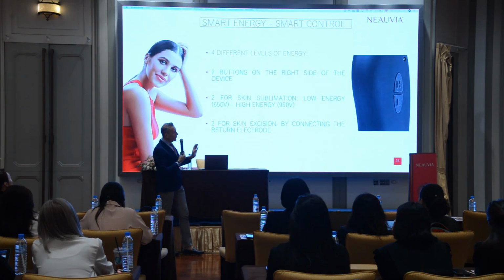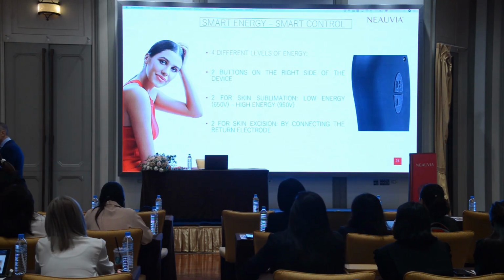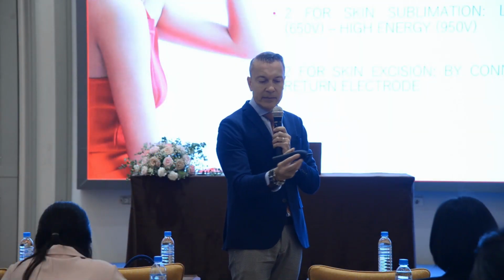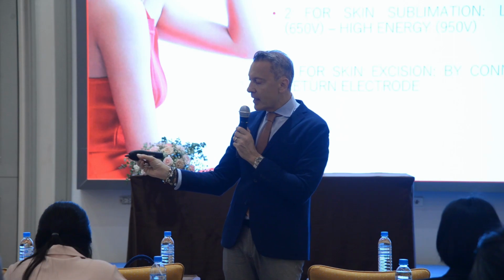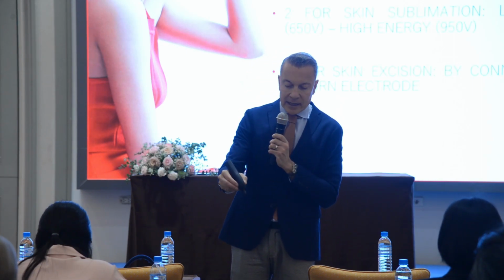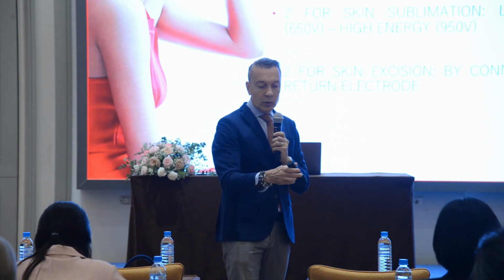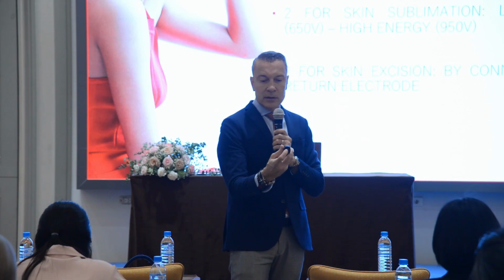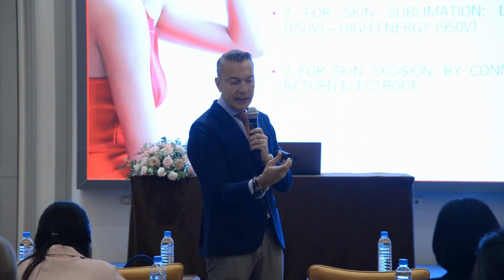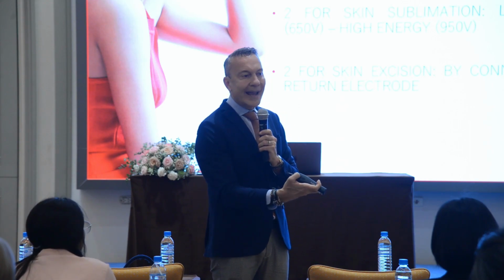So, which are the key features of the plasma? We should have the device here, somewhere, to have the emission, and then pressing either high or low. This is how to use it. Really, like a pen. Then, if you want to connect the return electrode, this is the place where you connect the electrode, and you will have extra energy to cut.